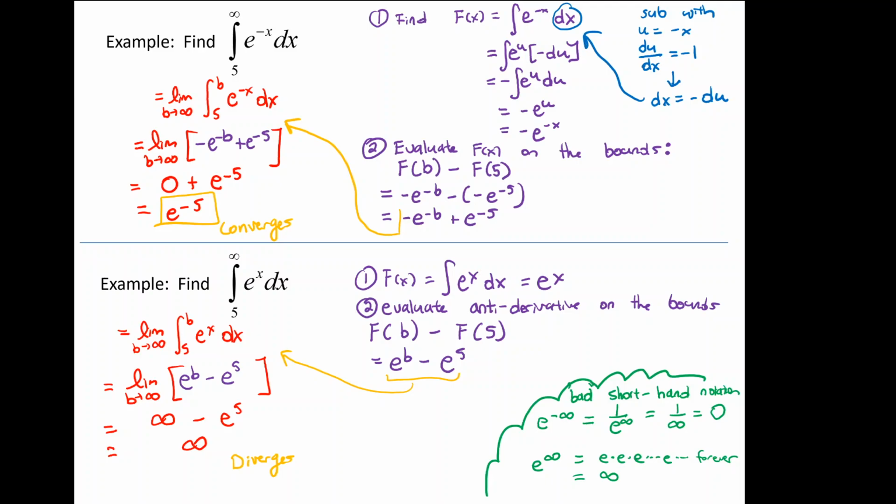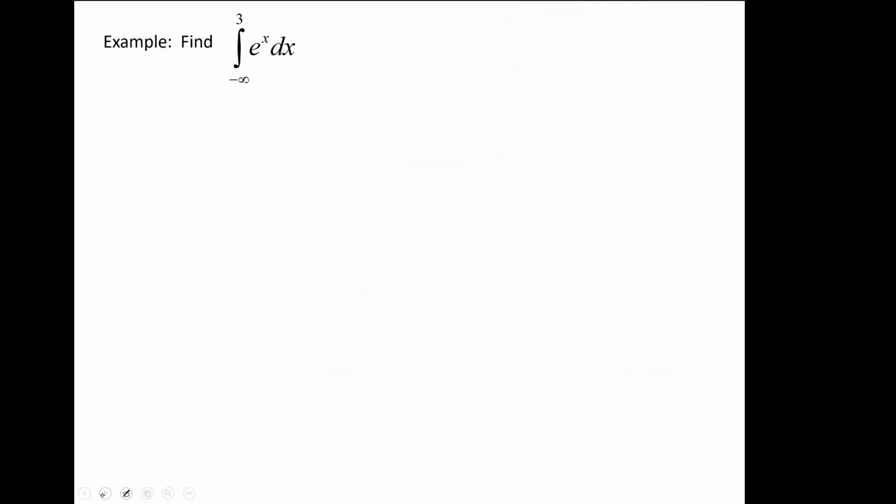Hand wavy arguments, but notice that I didn't write that green stuff anywhere in the solution because it doesn't belong there. Go off to the side for your own sake, for your own benefit. If you like writing this type of thing, that's perfectly fine to do. It isn't like a markable thing. It's not something to get marks on.